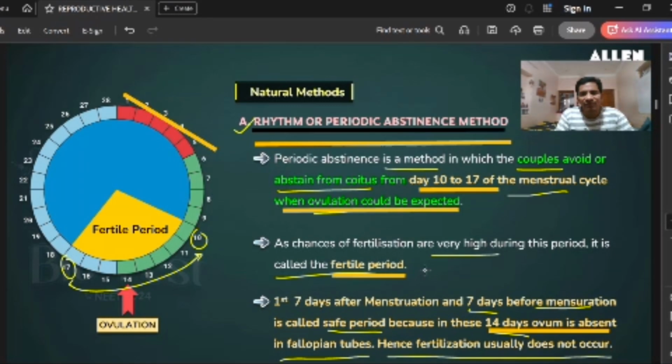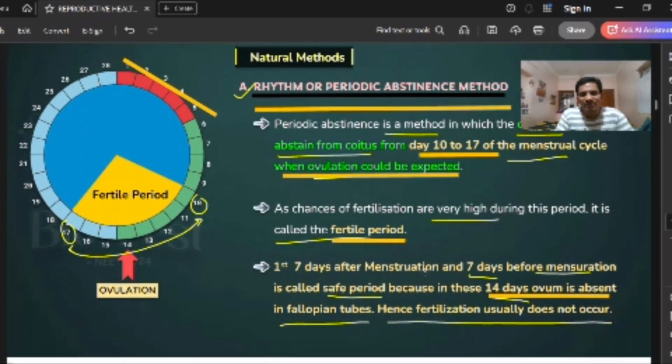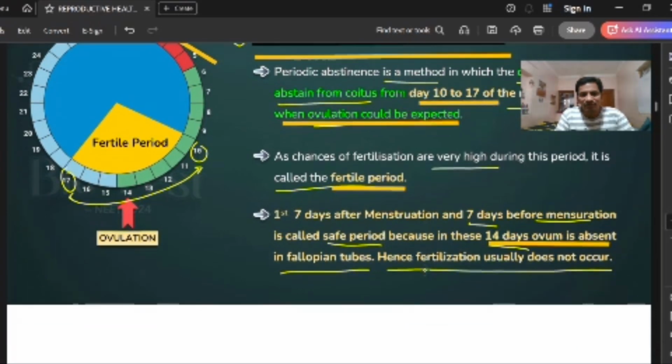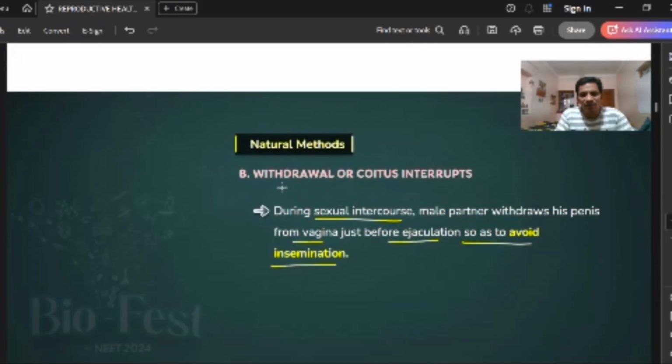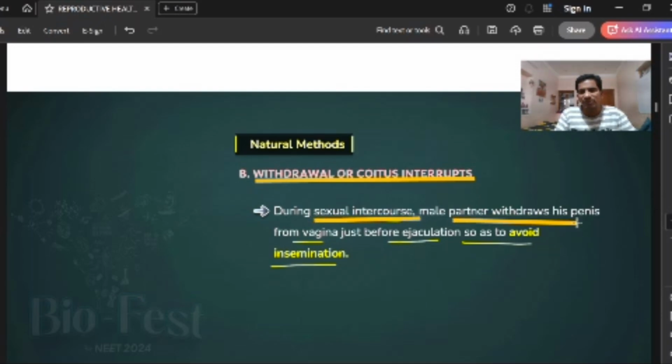Next, we'll go for the withdrawal method, or coitus interruptus. Means by its name itself, during intercourse the male partner has to withdraw his penis from the vagina before ejaculation.